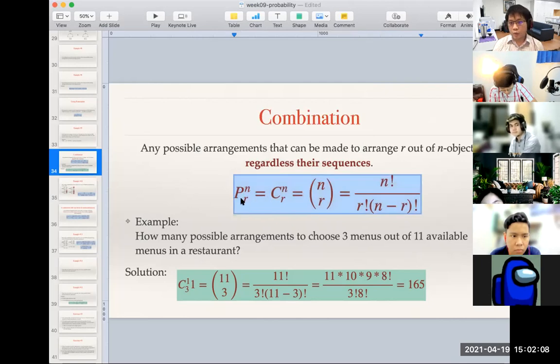Basically it's similar to permutations, partial permutations to be blunt. Partial permutations of n. But since in permutations you need to consider the sequence, in combinations, however, you don't need to consider the sequence.